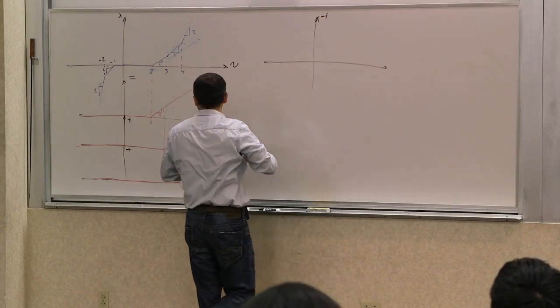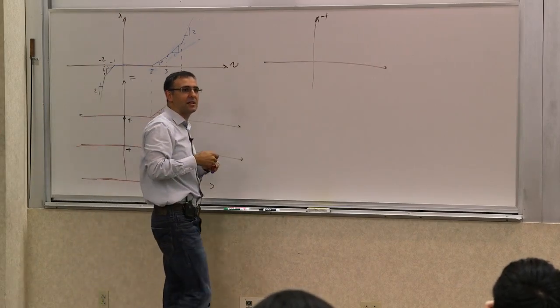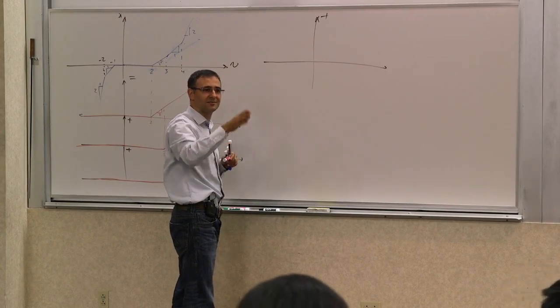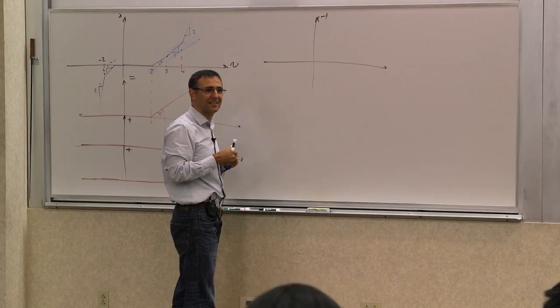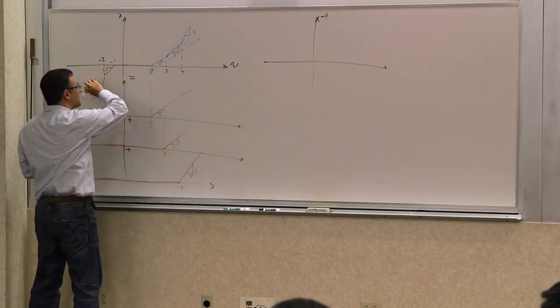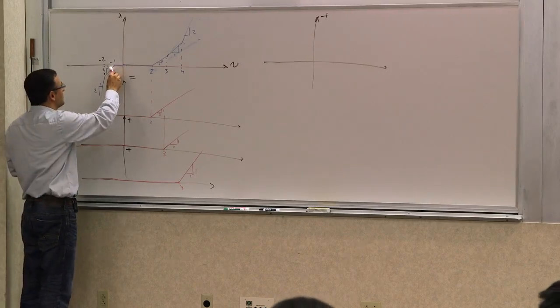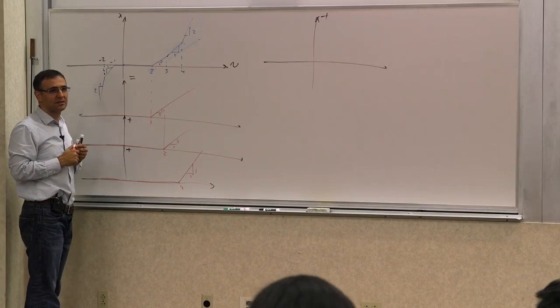How about the negative side? I want to create things that have slopes of this nature, and maybe the next person in line can answer. Yeah. So what are the things that you need to add to create this in a piecewise manner? So what would generate this slope for you first?